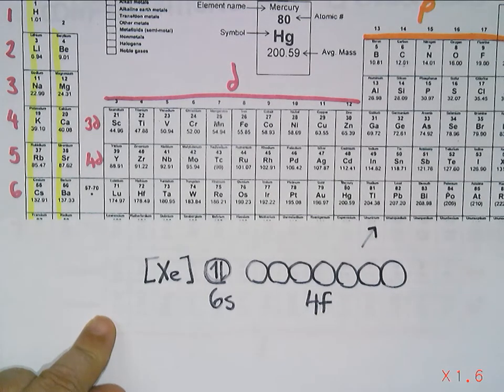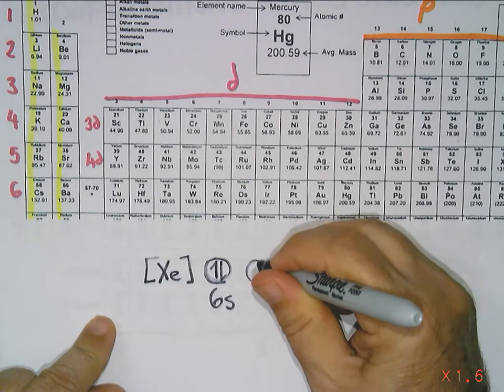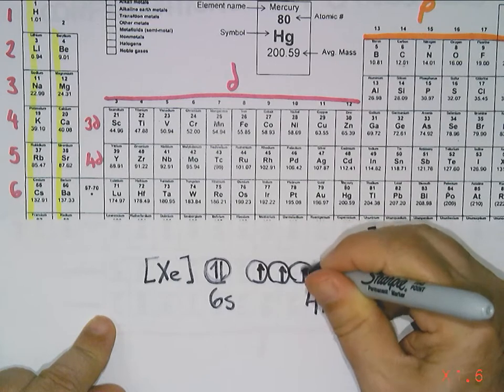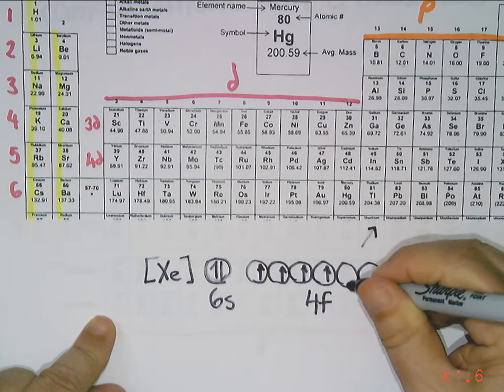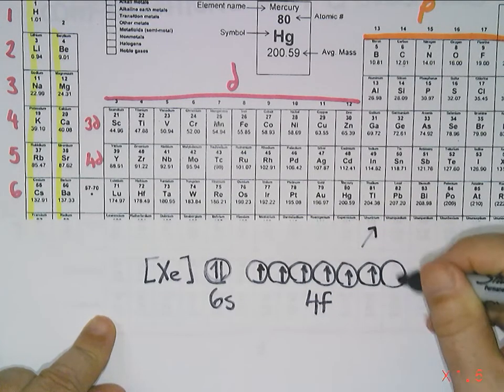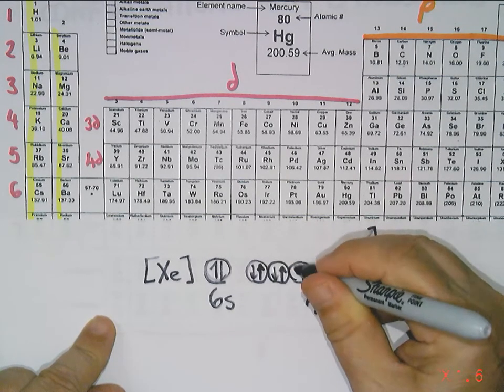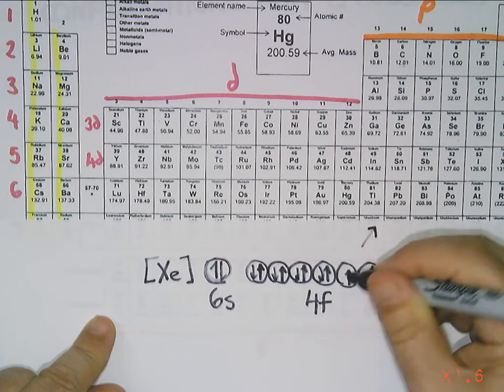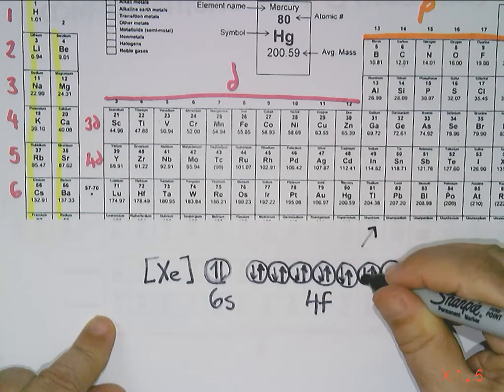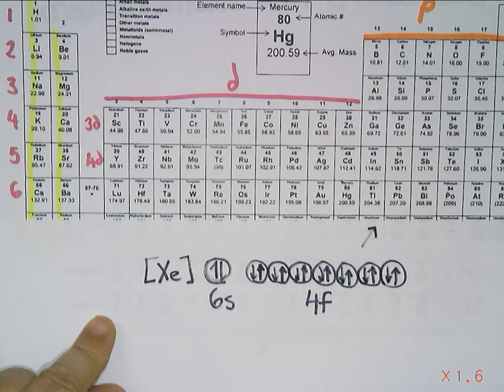And I counted 14. Spread them out and line them up. So I have a completely filled 4f shell here.